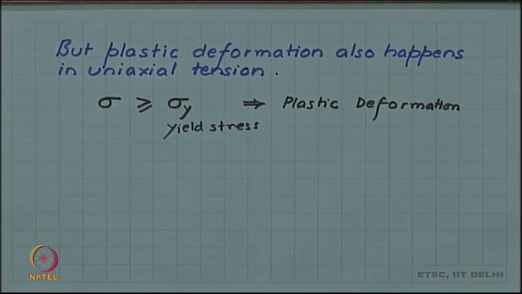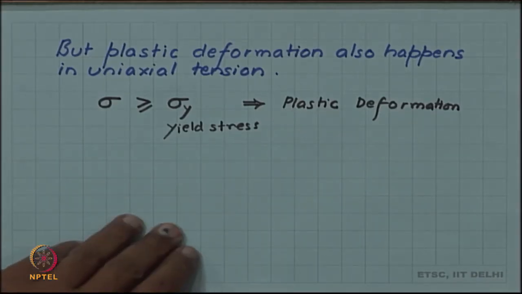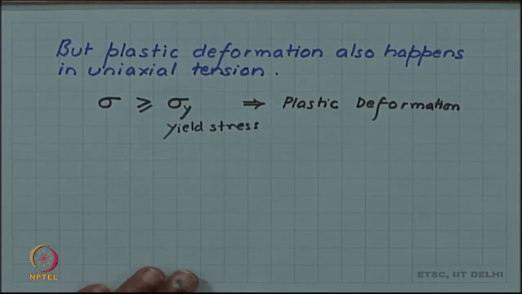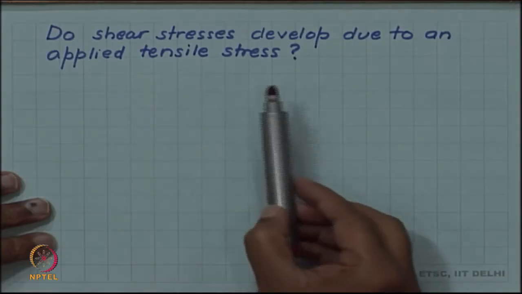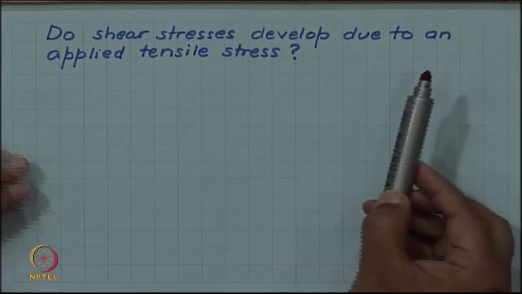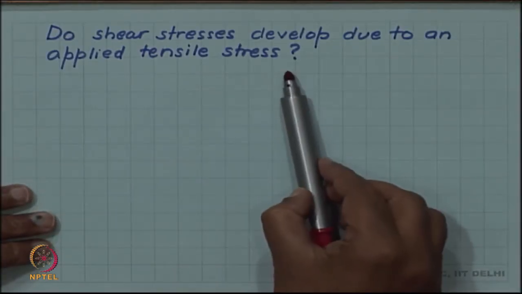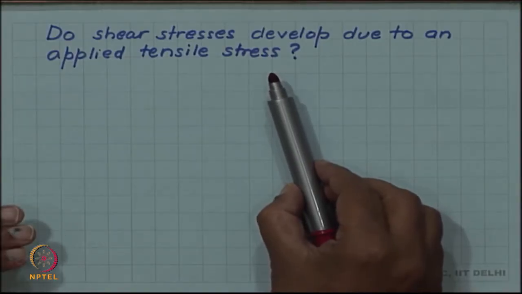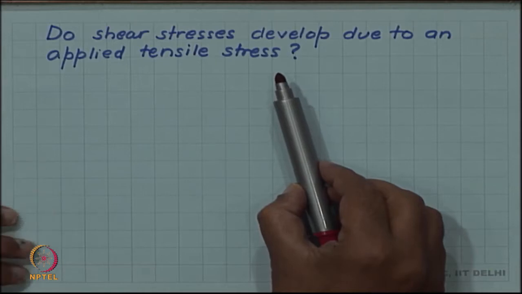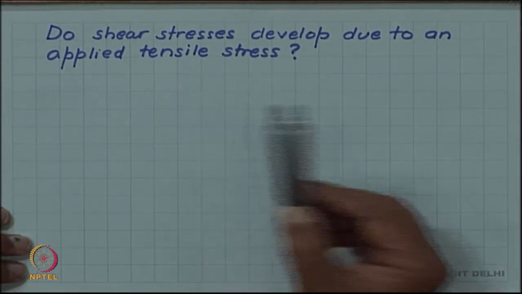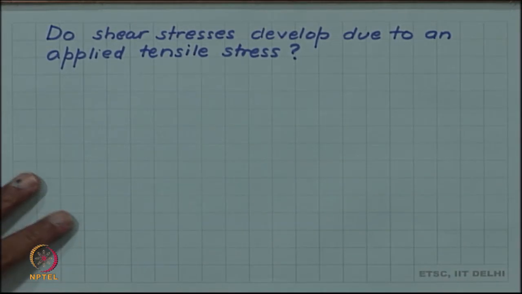But this suggests that if slip is the mechanism, then uniaxial tension should lead to shear stress on the slip plane in the slip direction. Do shear stresses develop due to an applied tensile stress? Because if slip is the mechanism of plastic deformation and tensile stress is causing the plastic deformation, that tensile stress should be capable of generating shear stress on the slip plane in the slip direction.